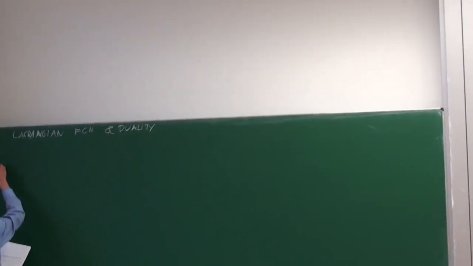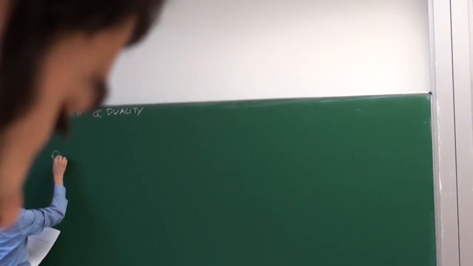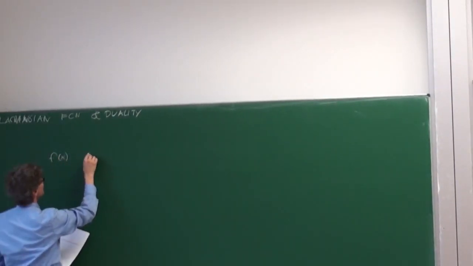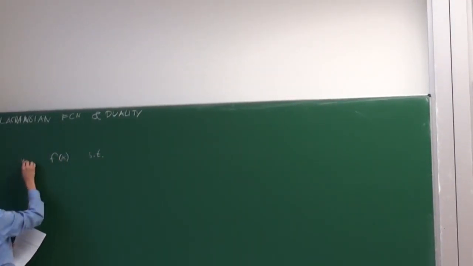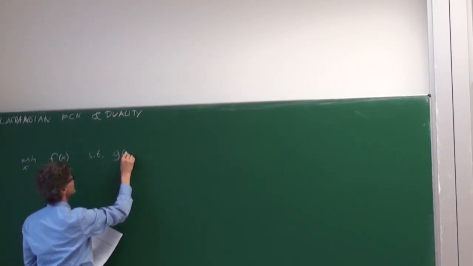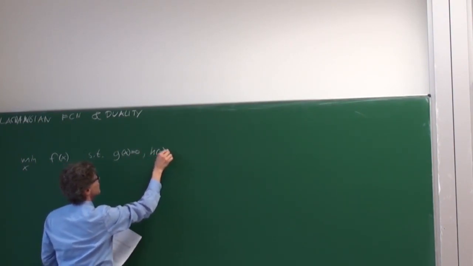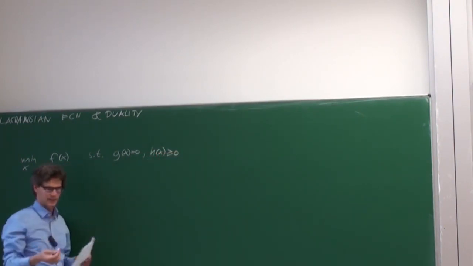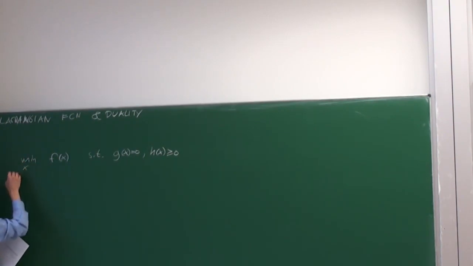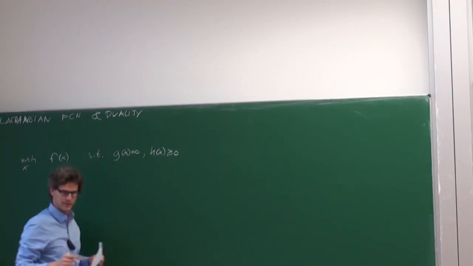So what we regard as an optimization problem in the standard form that we looked at before: f of x is what we minimize over x, and then we have equality constraints g of x equals 0 and h of x bigger than or equal to 0. Let's write it in this general form again. And of course the function f is a scalar, and g is vector valued, and h is also vector valued.